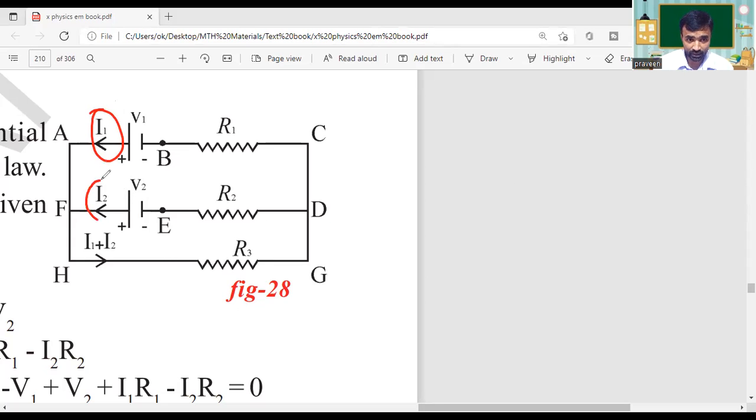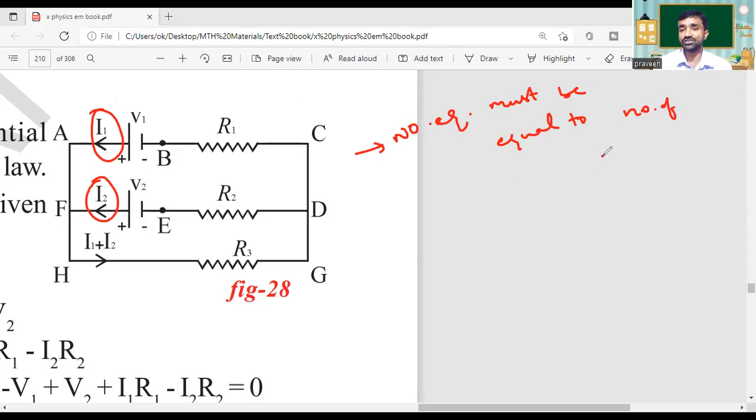How many currents are there? That many equations are required by you to solve that. The number of equations must be equal to the number of currents, namely I1 and I2 only.